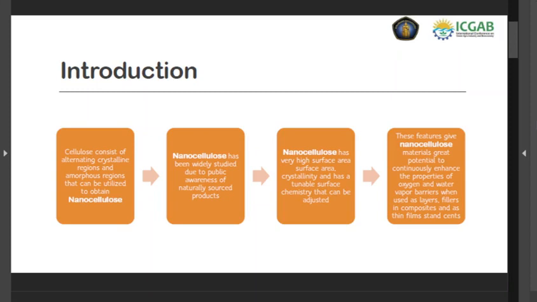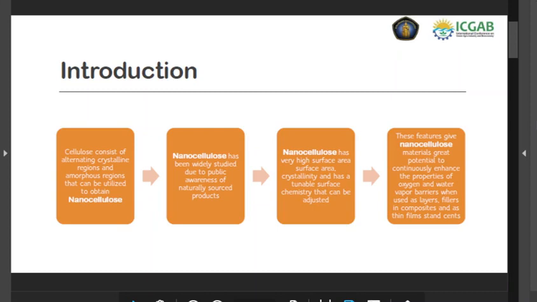Nanocellulose has a very high surface area, crystallinity, and a tunable surface chemistry that can be adjusted. However, the use of bio-based material for food packaging is still limited due to their usually poor physical property.